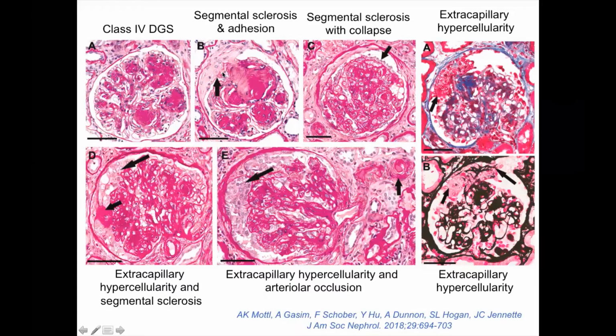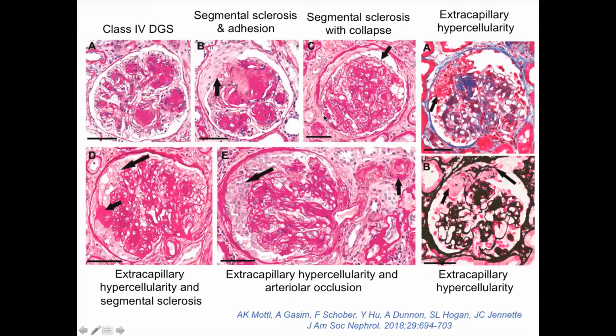Here we have segmental sclerosis, maybe a microaneurysm that led to a rupture, and activation of the parietal epithelial cells and podocytes, which led to sclerosis. We can even have focal segmental glomerular sclerosis.